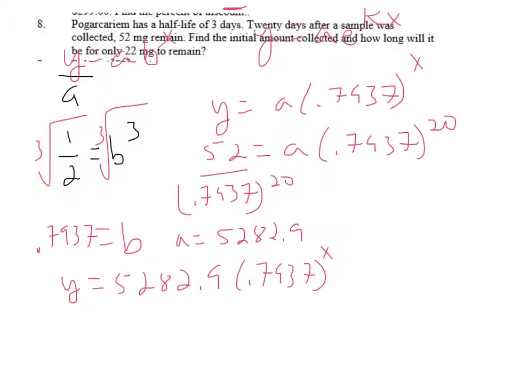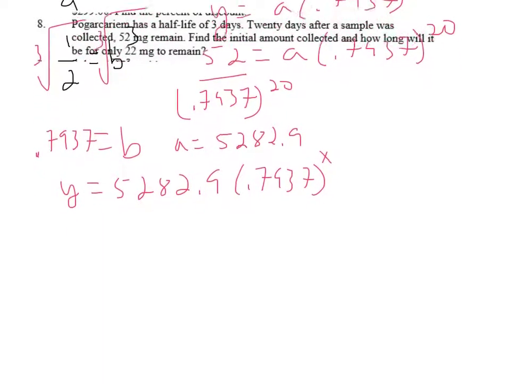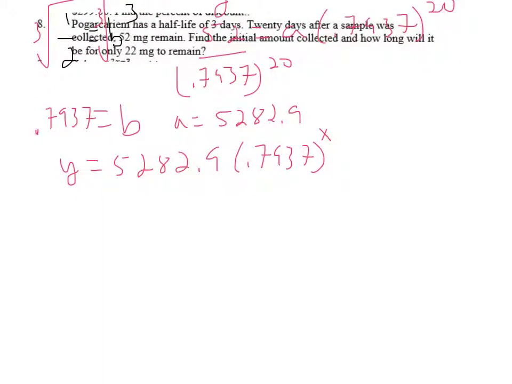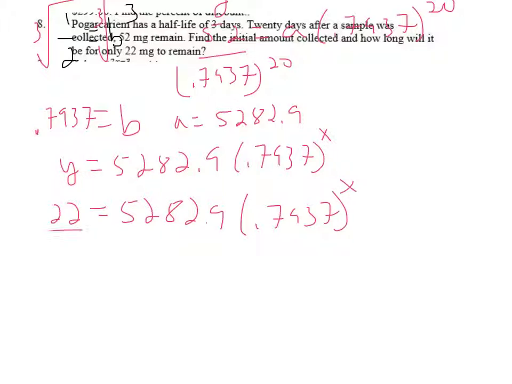So if I say 22 equals 5282.9 times 0.7937 to the x power, I'm going to divide both sides by the 5282.9.